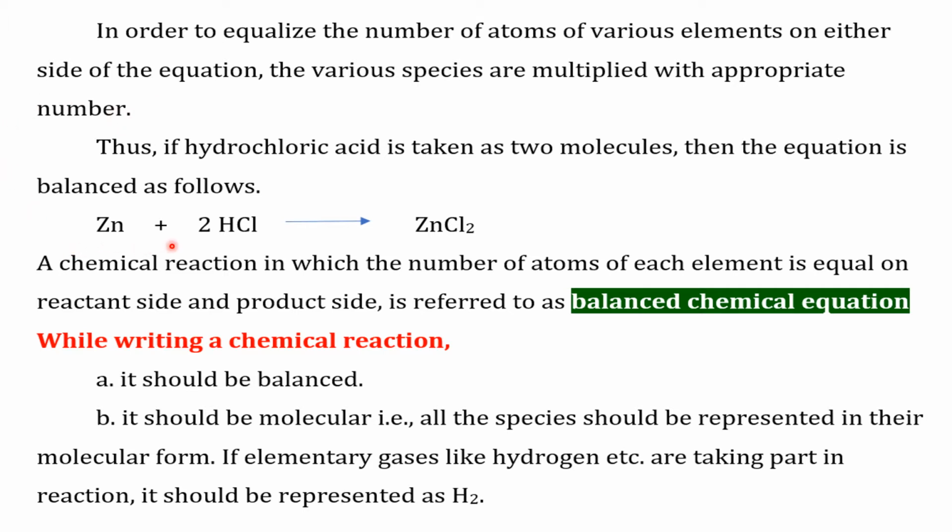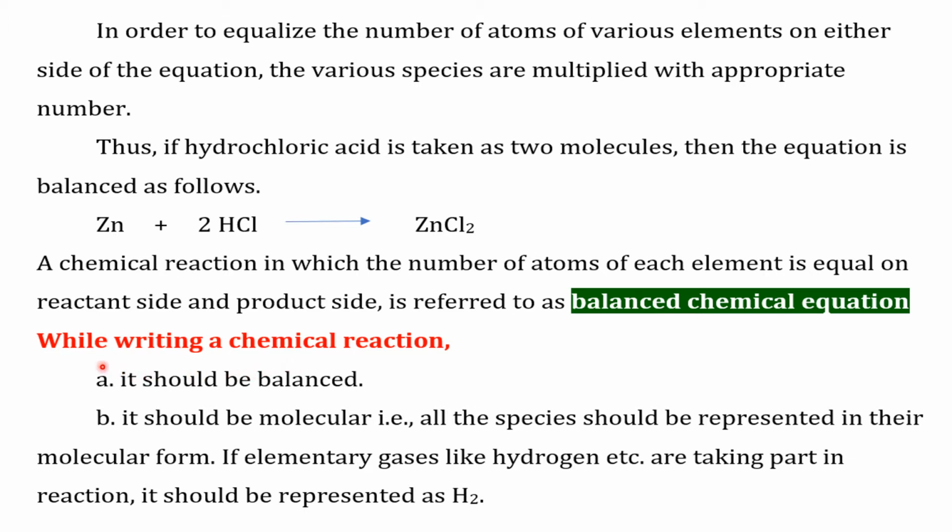So to balance such a reaction, if we take two molecules of hydrochloric acid, then we get zinc chloride, two chlorine atoms, plus two hydrogen atoms. Therefore, the reaction is balanced. So a chemical reaction in which the number of atoms of each element is equal on the reactant side and product side is called a balanced chemical equation.